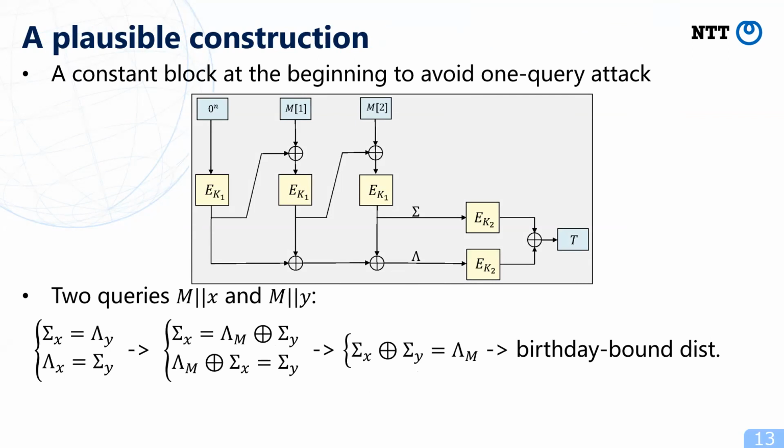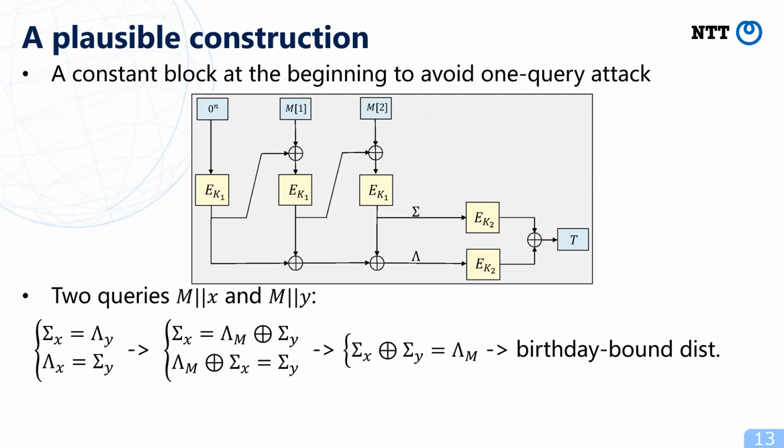In this case, it avoids the single block attack, but you still have an issue where, for some pair of messages, the event that the upper part becomes the lower part, so sigma x becomes lambda y, and the lower part becomes the upper part of the second message, so lambda x equals sigma y, is actually only an n-bit condition. So that will happen at birthday bound.